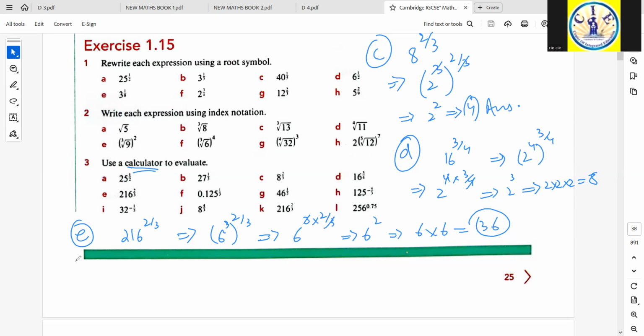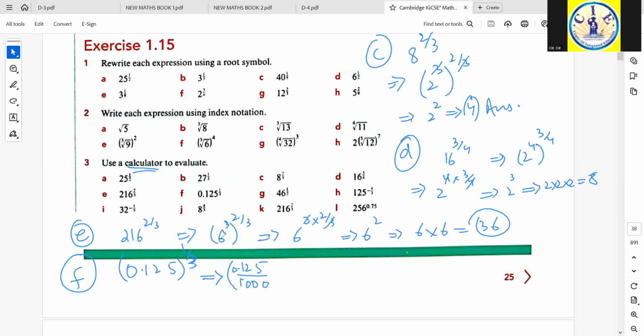Okay. For part F, this would be 0.125. I'm solving it manually so that I can explain the underlying steps. To get rid of this decimal, I need 3 zeros in the denominator because there were 3 decimal places.